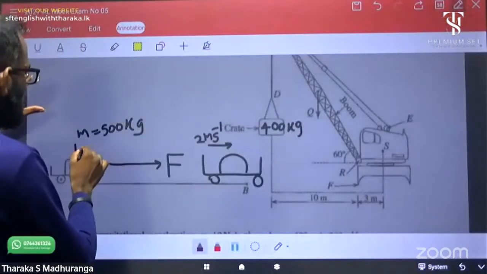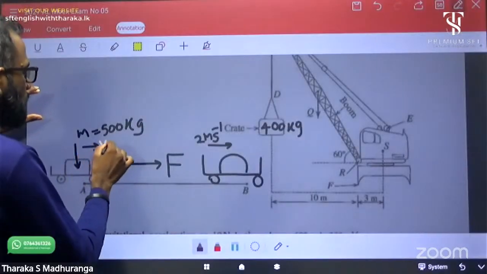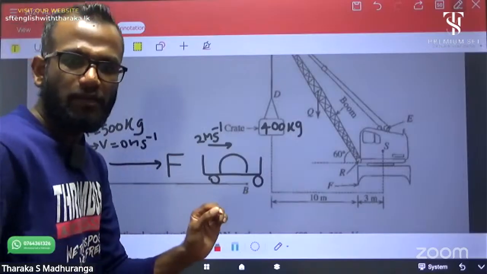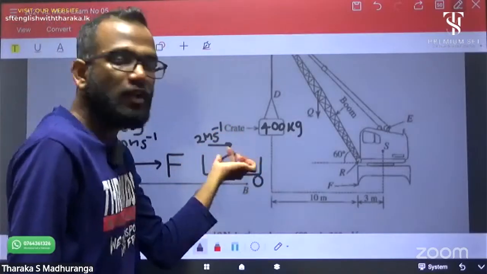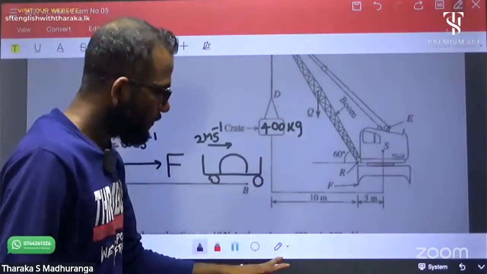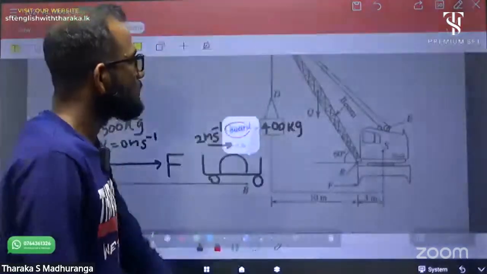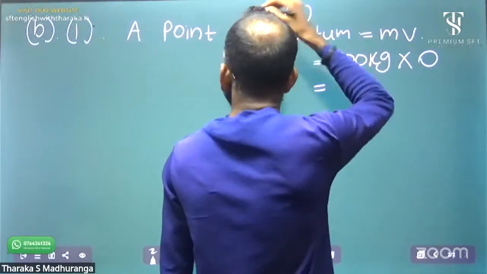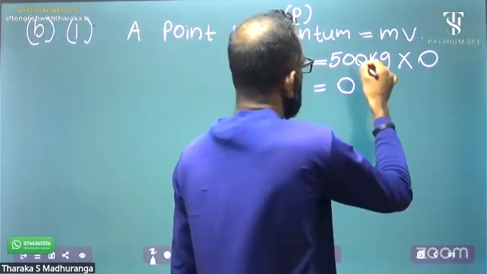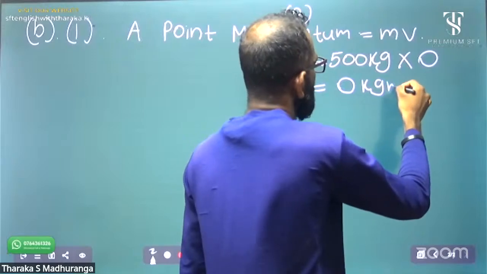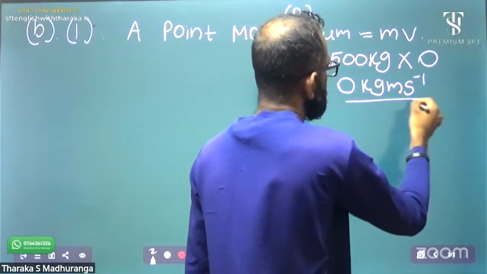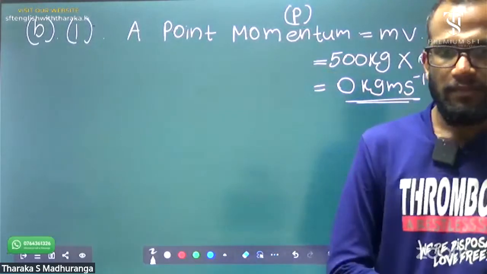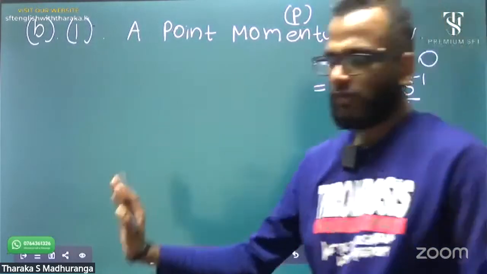Initial velocity v equals 0 m s^-1. At B point, its velocity is 2 meters per second, right? This is an exam question. Now it is 0. Therefore the initial A point momentum is 0 kg m s^-1. Okay, this is a complete answer. You can have full marks if you follow all these steps.